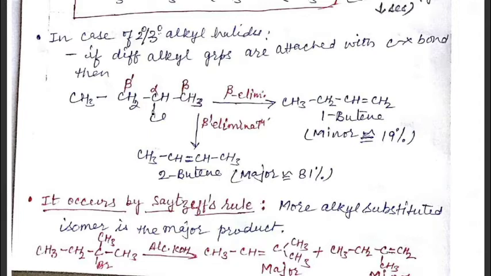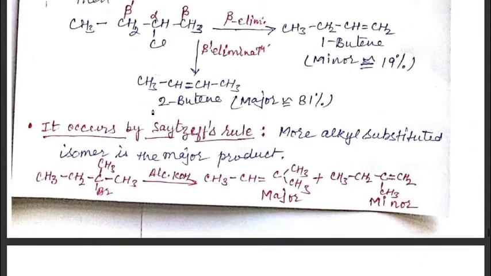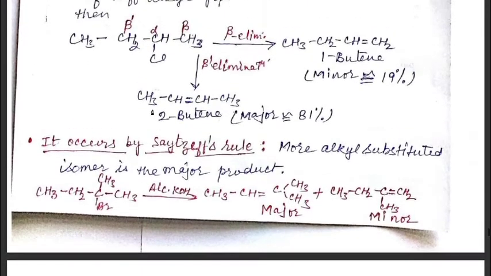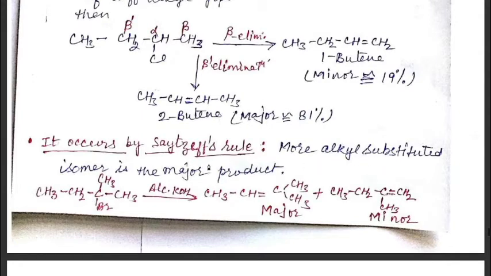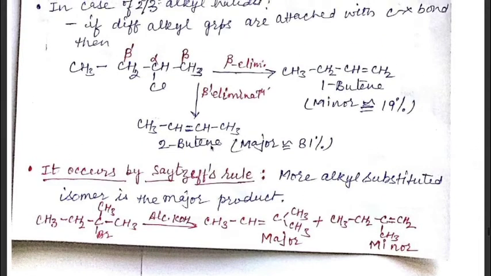Now this elimination takes place according to Saytzeff rule. According to this rule, the more alkyl substituted alkene is the major product. Now in this example, this alkyl group is the larger one as compared to this alkyl group. It is methyl and it is ethyl.